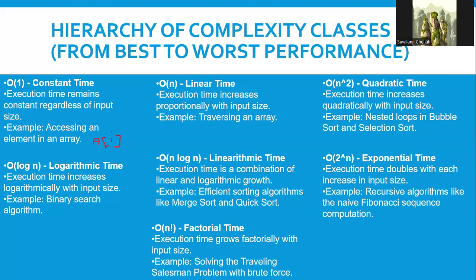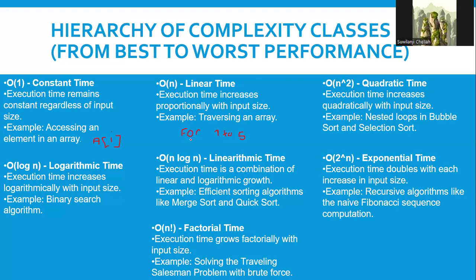So there's a difference between accessing an element in an array and traversing the array. For example, a function could be for 1 to 5.